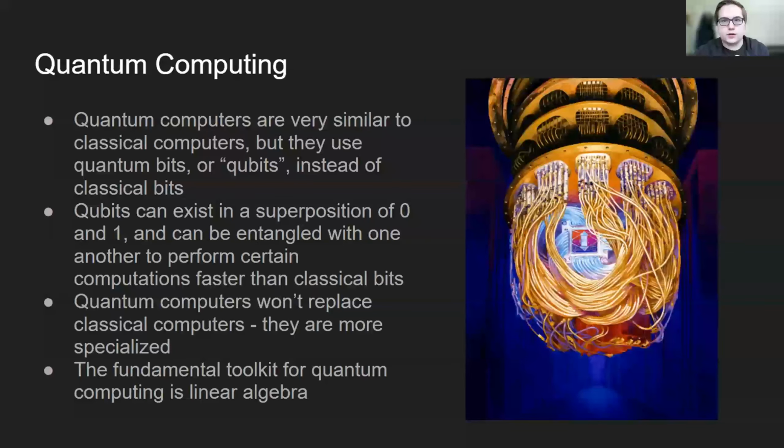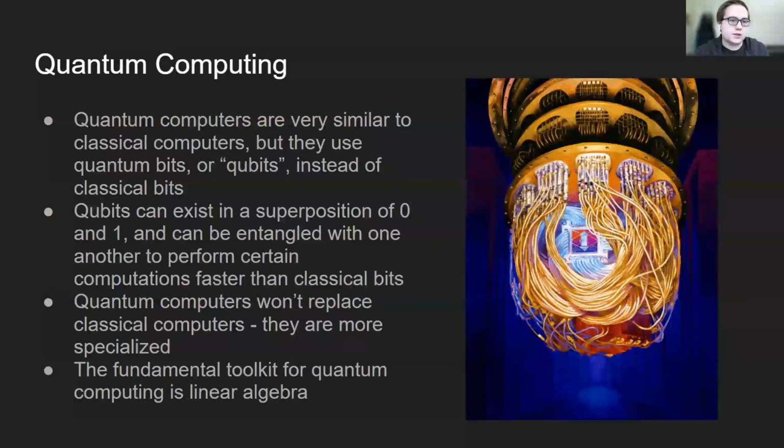So first, we thought it would be helpful to give some more background on quantum computing. And so as you've heard before, quantum computers are very similar to classical computers, at least in most senses. But the primary difference is that they use quantum bits, or so-called qubits, instead of classical bits.